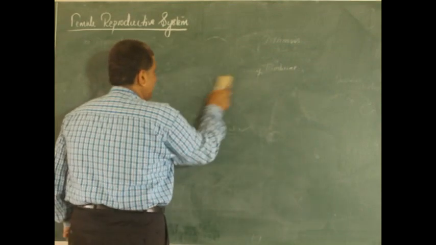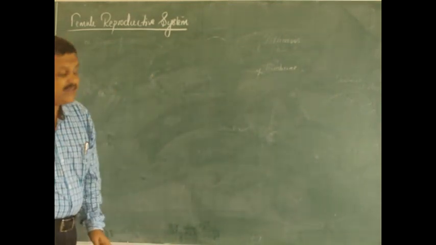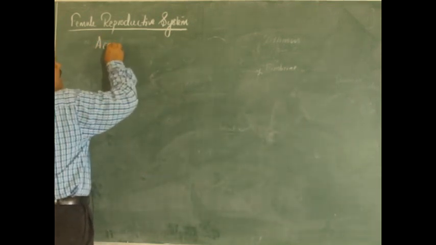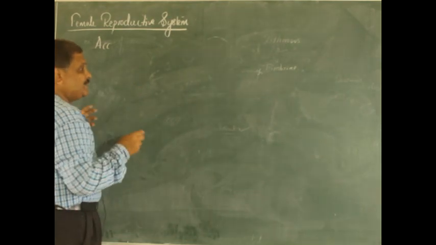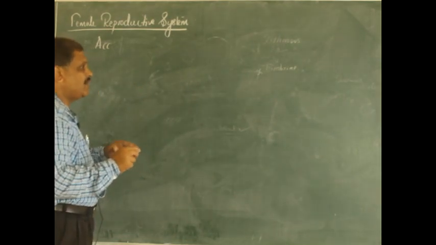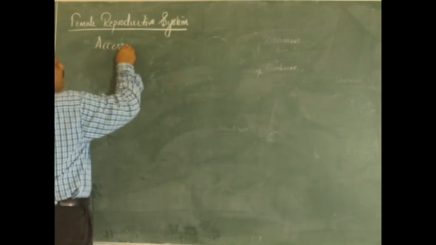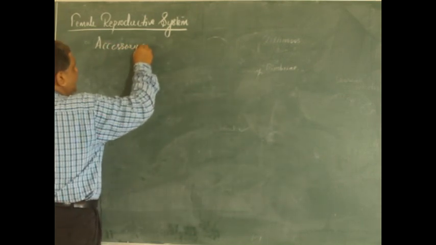Then accessory ducts, which are associated with the reproductive system, but they are not directly involved in the production of these gametes, but they help in the process of reproduction.